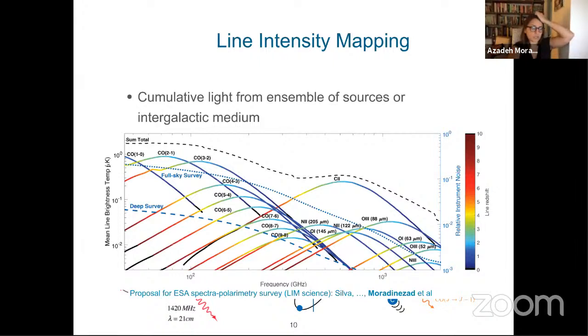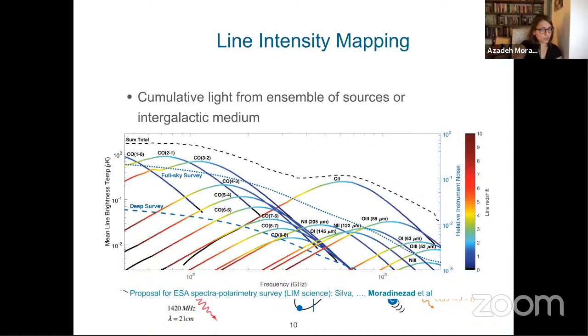This plot shows that there is a host of several emission lines. Some of them might be more useful for probing given cosmological parameters, but there are also subtleties in how you use these different lines, given that at a given frequency you would observe multiple lines.